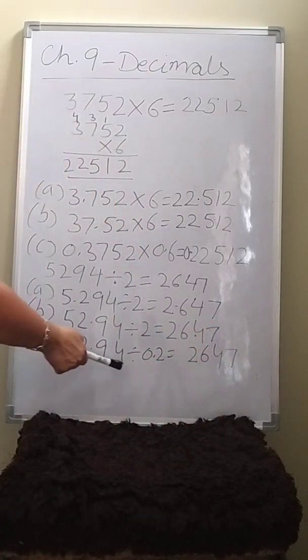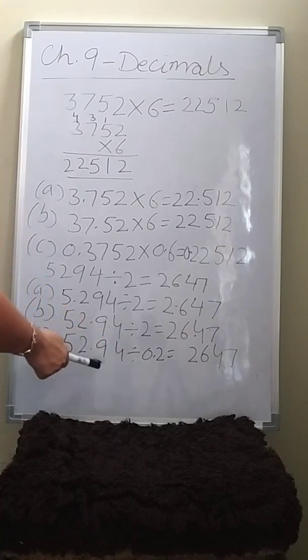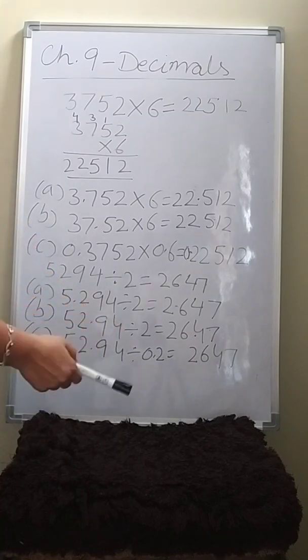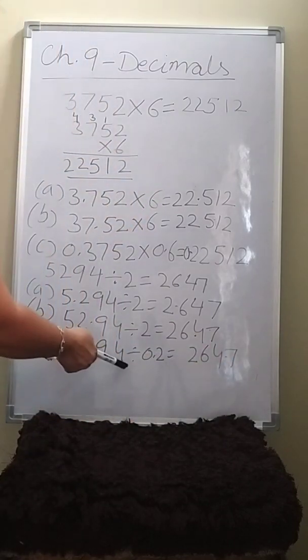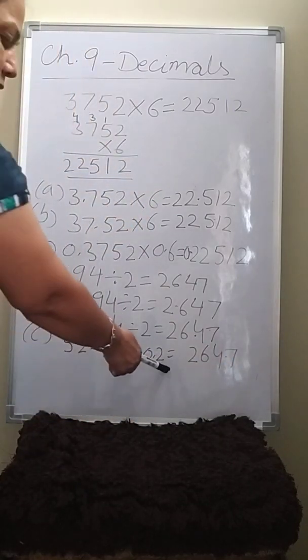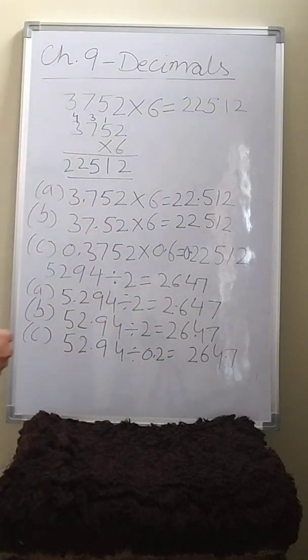Here the decimal is before 2 digits. Here the decimal is before 1 digit. So 2 minus 1 is 1. In the answer, the decimal will be before 1 digit.